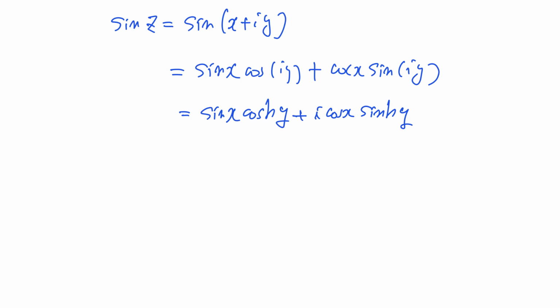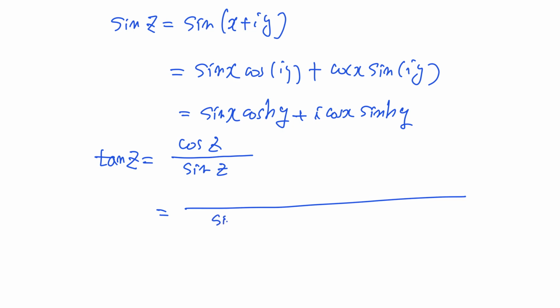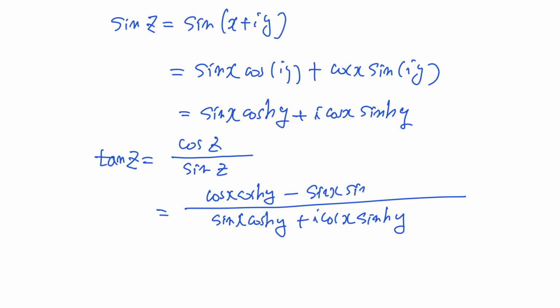So how about tangent? Tangent can be a bit complicated, right? Tangent z is sine z over cosine z. So sine x cosine hyperbolic y plus i cosine x sine hyperbolic y, over cosine x cosine hyperbolic y minus sine x sine hyperbolic y, with an i.